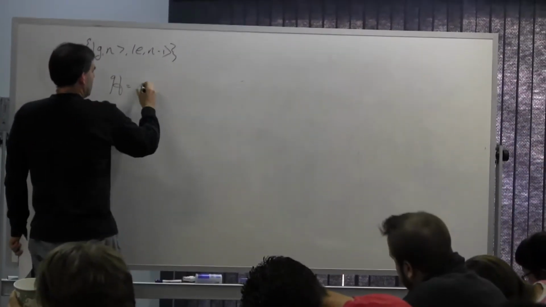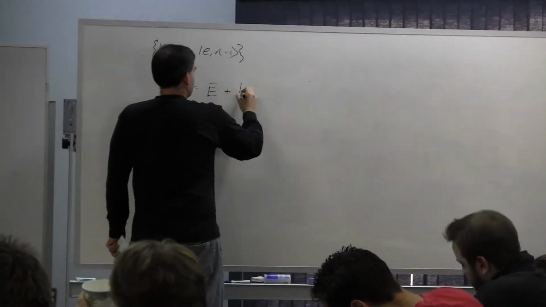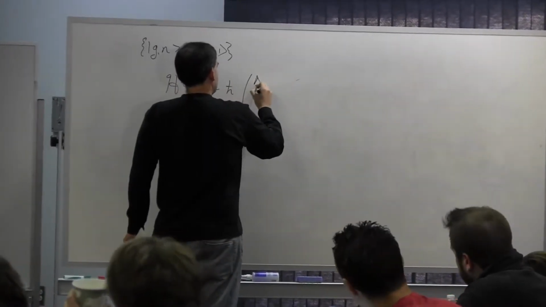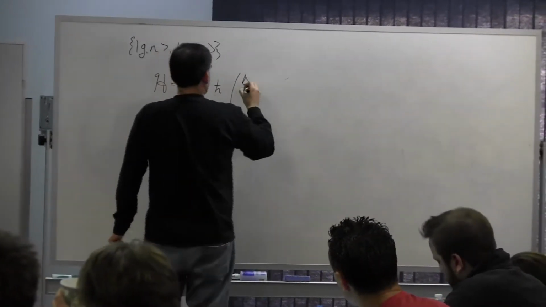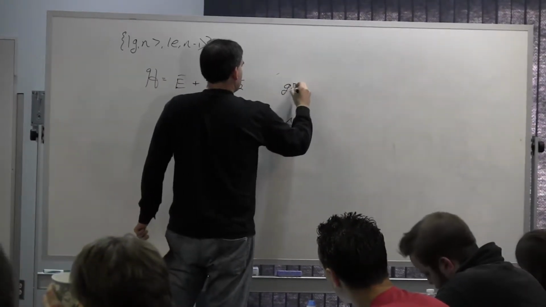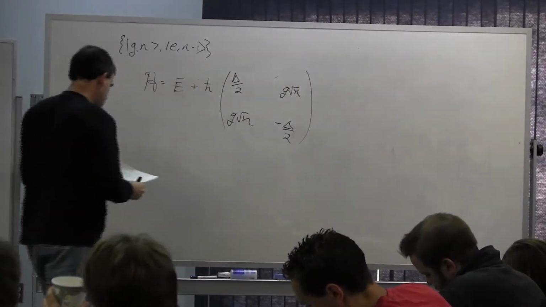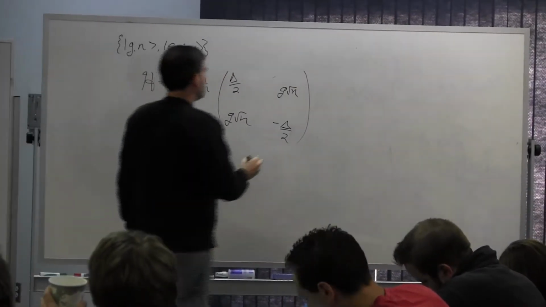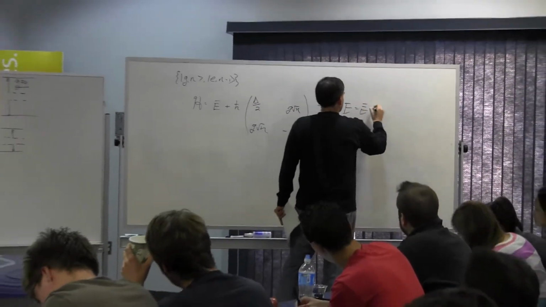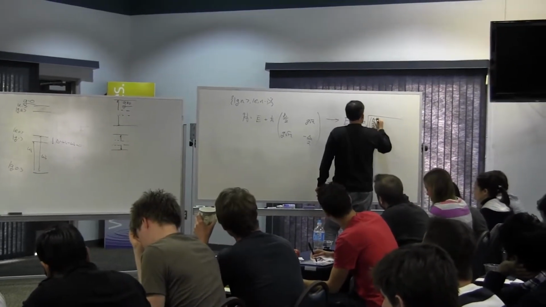There's the average energy of the 2 states, and then we have delta over 2, minus delta over 2. And this is simple to diagonalize. Just square these things.